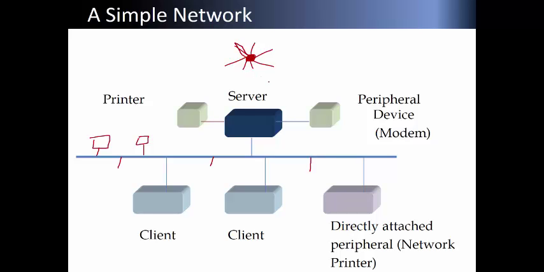This is a network. If you see here, then the printer. This is a very old type, right? The printer is connected to a server, but the printer itself is also connected to the network directly. And there's a client. This is your laptop. This is your cell phone, and here a network printer.